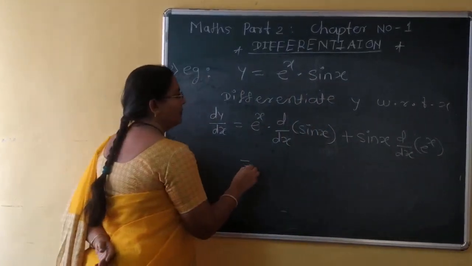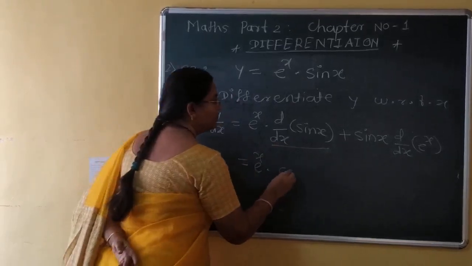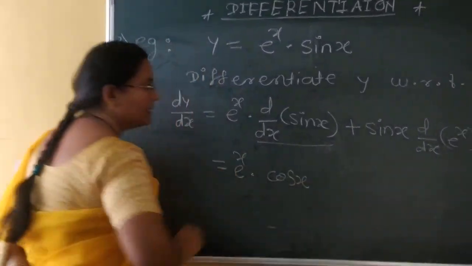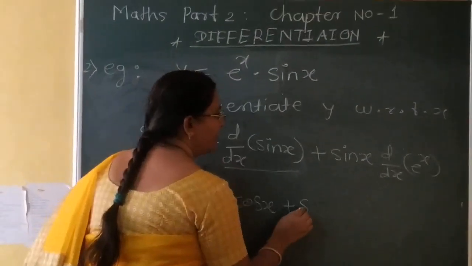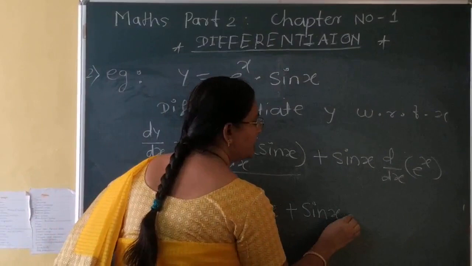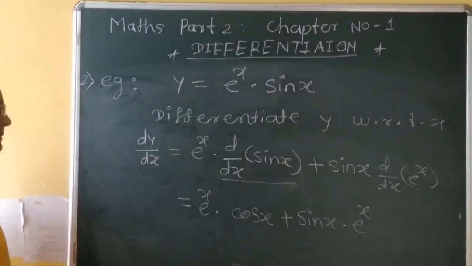That is equal to e raised to x into cos x, plus sin x into e raised to x, by using the standard formulas.